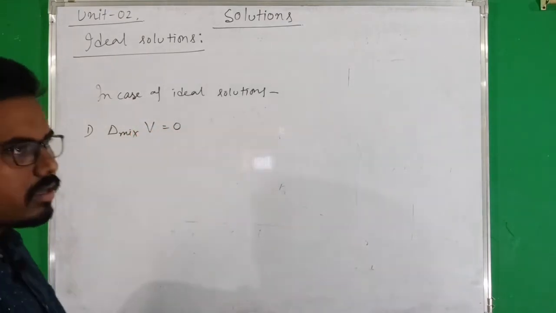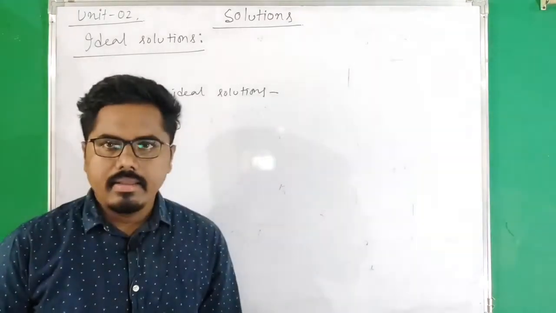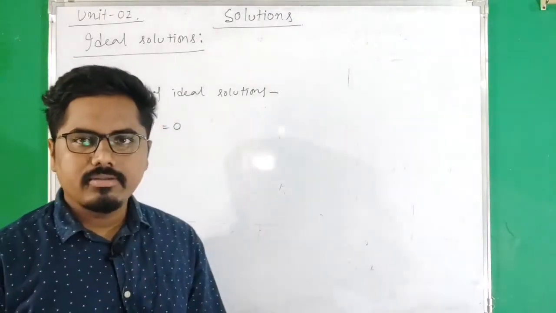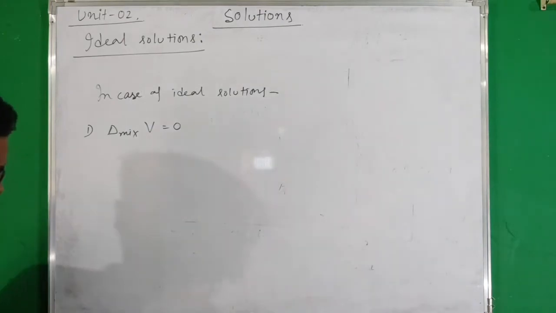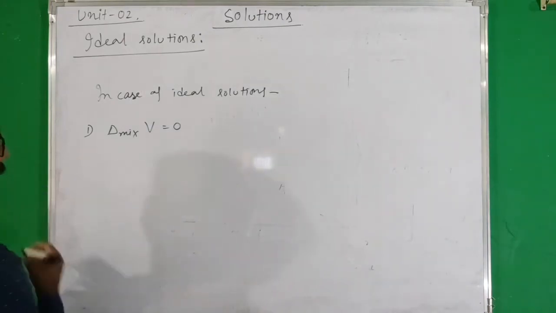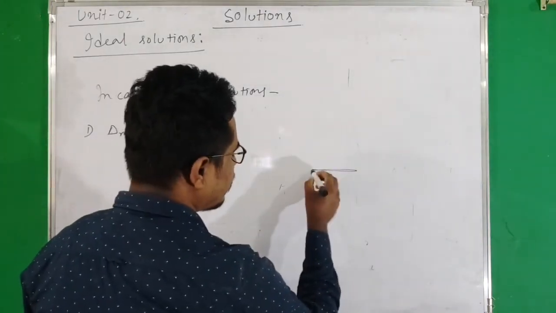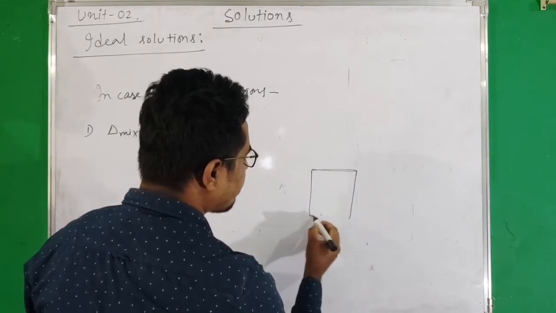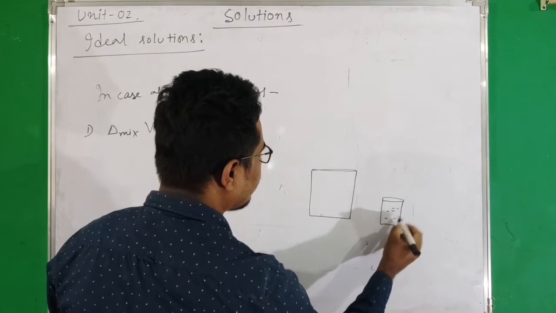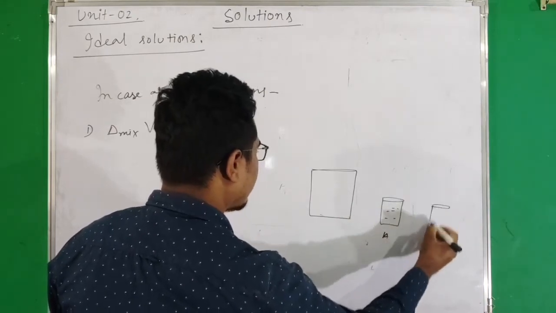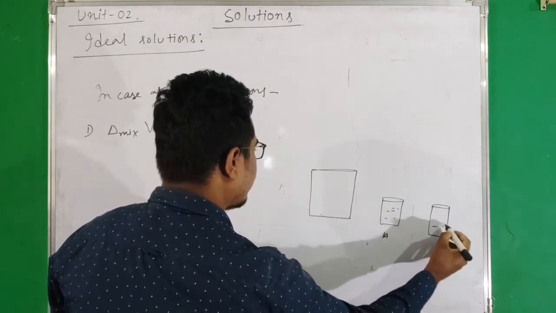So that means when the solution is prepared by adding solute and solvent, there is no increase or decrease of volume. That means suppose we have prepared a solution having two components A and B.